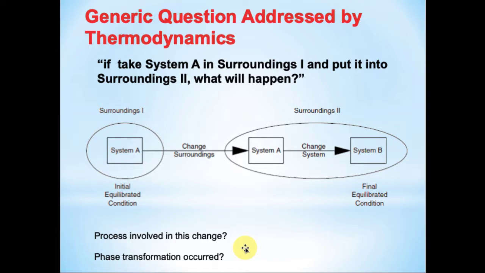So what happens? The cadmium melts. The process involved in this change is a melting process. Melting is a phase transformation in which the crystalline structure of solid cadmium is converted to a structure that is liquid.